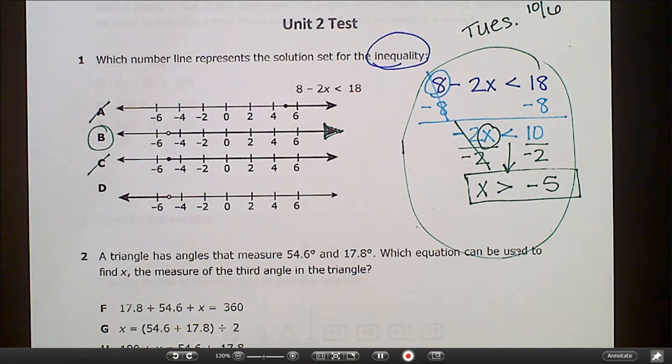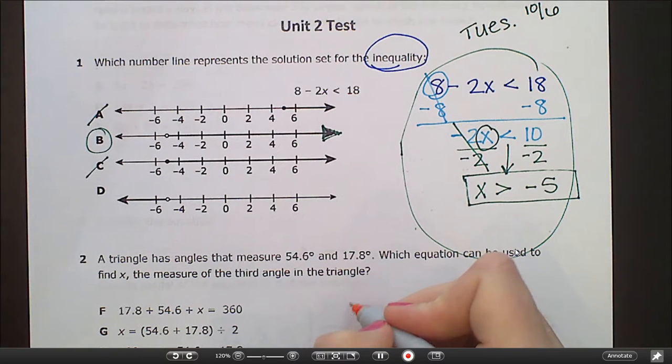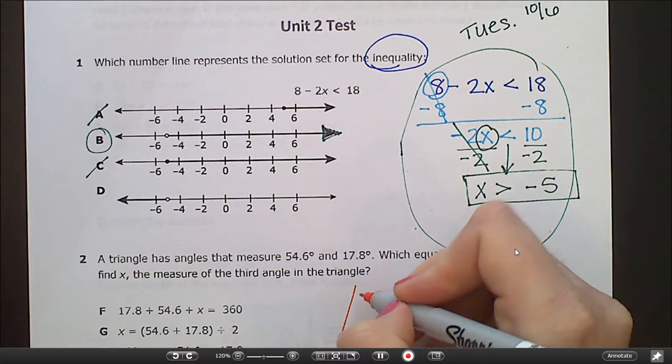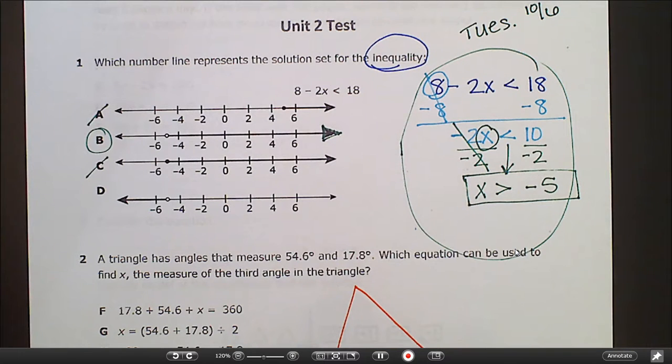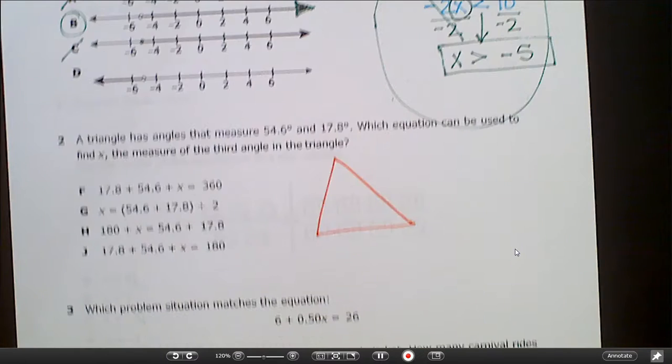Okay, and then let's look at number 2. A triangle has angles that measure 54.6 degrees and 17.8 degrees. So I'm going to stop here and I'm going to draw a triangle. And this is not drawn to scale, by the way. Sorry.